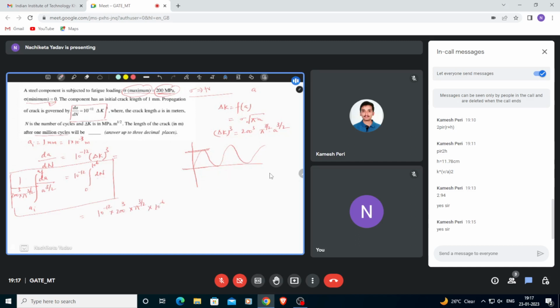If we integrate the dn value from 0 to 10 to the power 6, we will get 10 to the power 6. And what would be the integration of 1 by a to the power 3 by 2? Can you tell? It varies from ai to a. What will be this value?